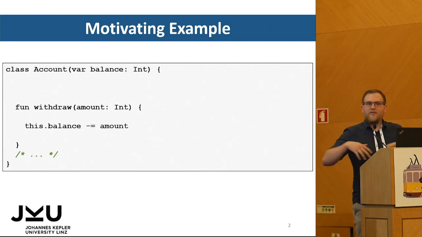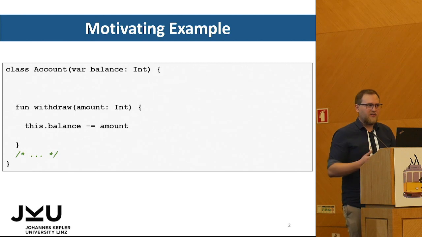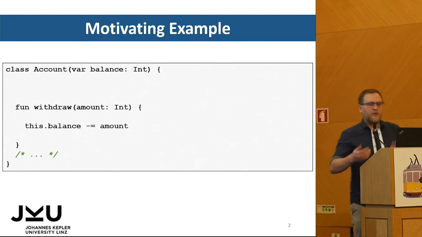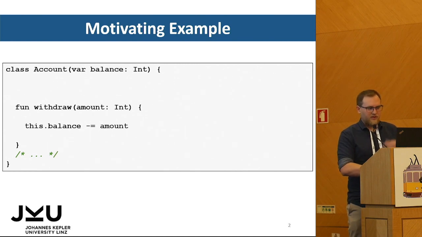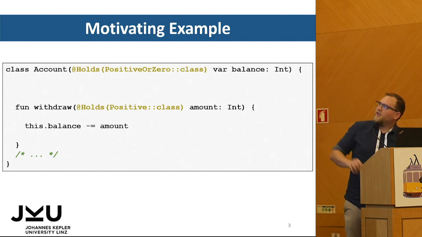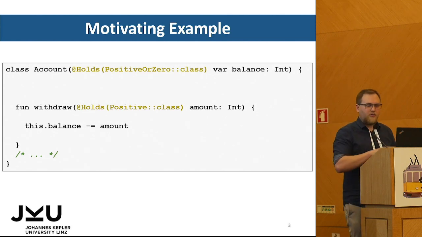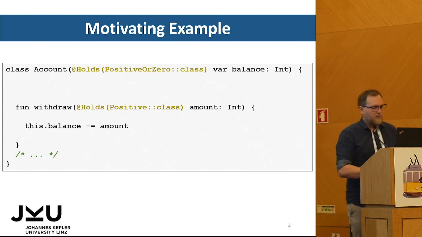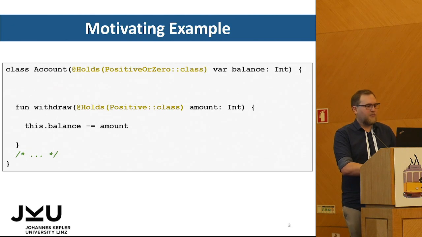So imagine we have a bank account where we have a current balance, how much money is on the account, and we can withdraw money from that. And what we mean with annotation-based source code modification is we would like to be able to add annotations to, for example, fields, properties, or parameters of our methods, and then during compilation or at runtime, certain checks, for example, could be added.